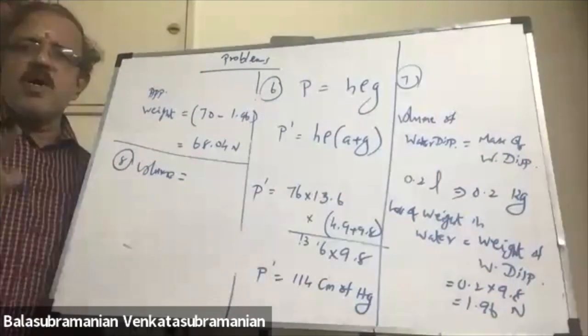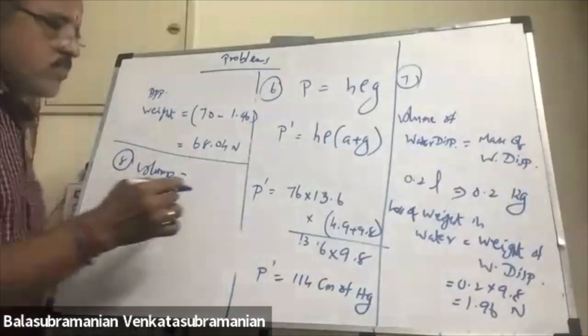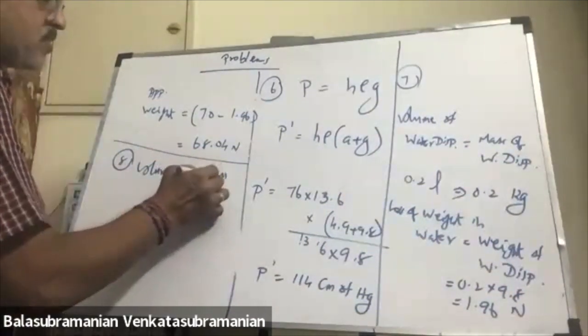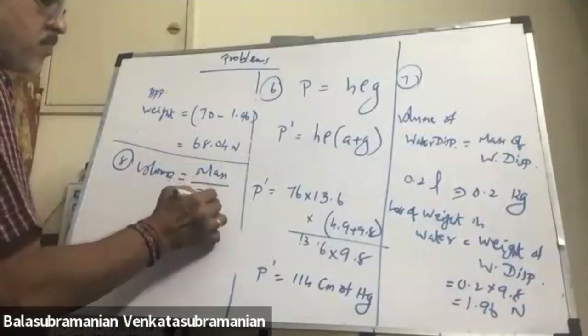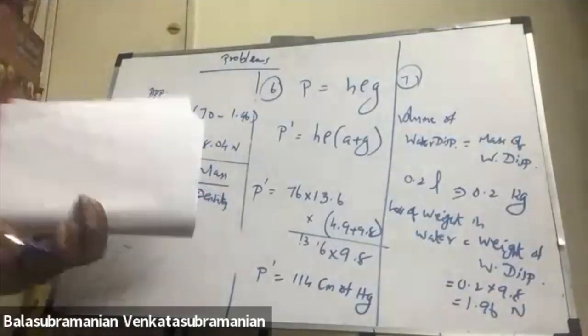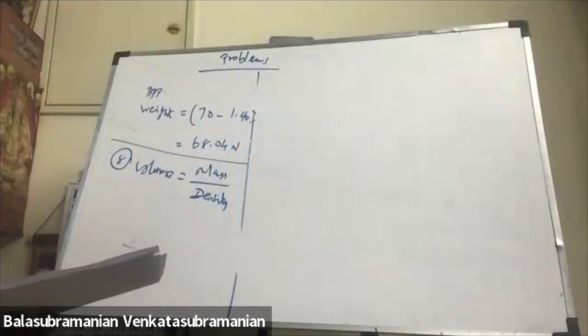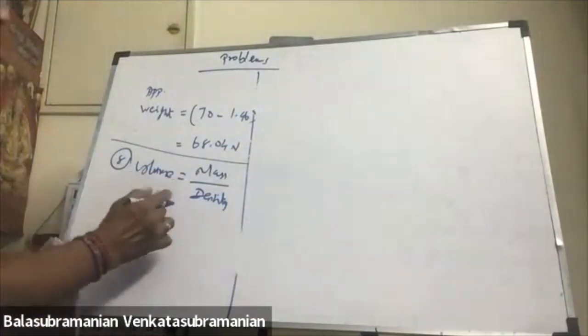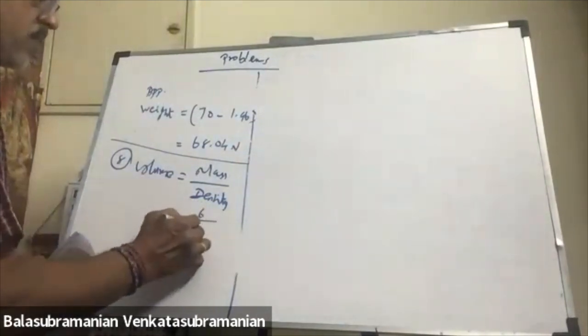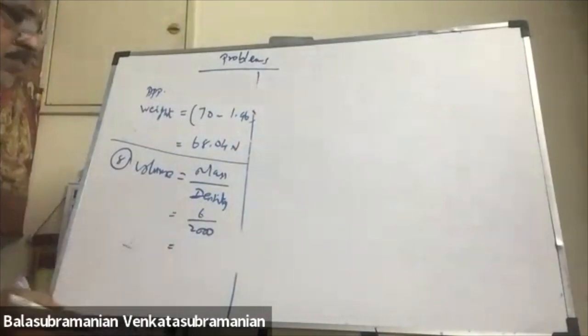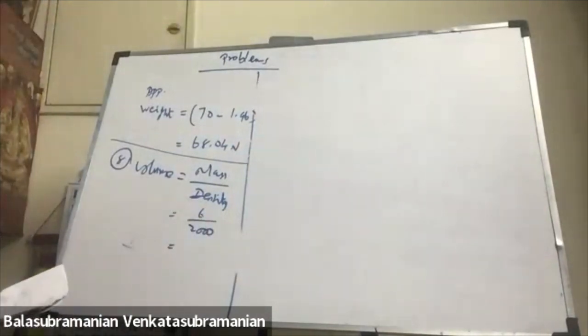Mass is equal to volume into density, so volume is equal to mass by density. Mass is 6 kilogram, density is 2000, so 6 by 2000. That is volume of water displaced.